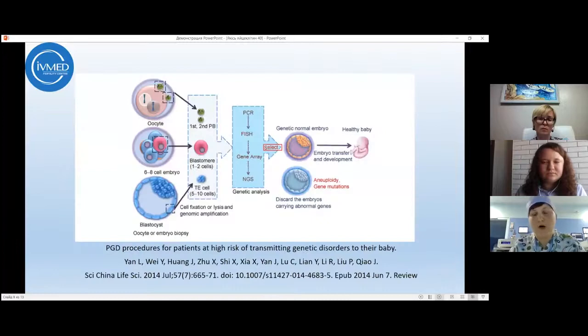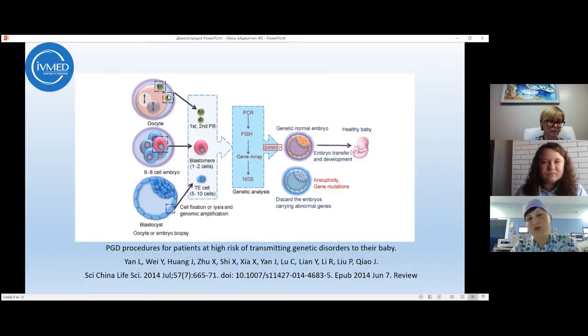Mostly, for genetic testing, there are 3 strategies. I already showed you trophectoderm biopsy, but we can also do a biopsy on the 3rd day and take just 1 cell of the embryo, or even check the oocyte. We can check the first or second polar body of the oocyte.